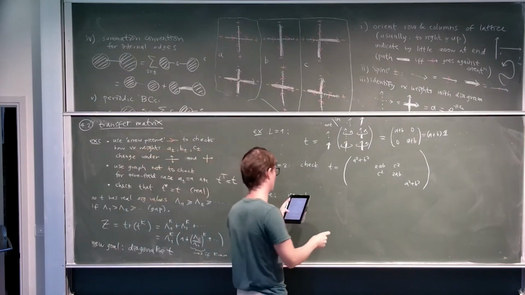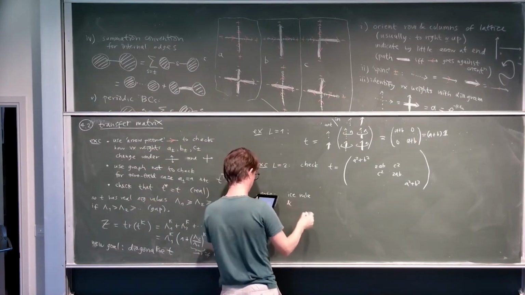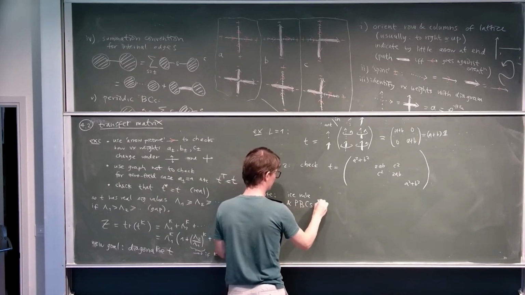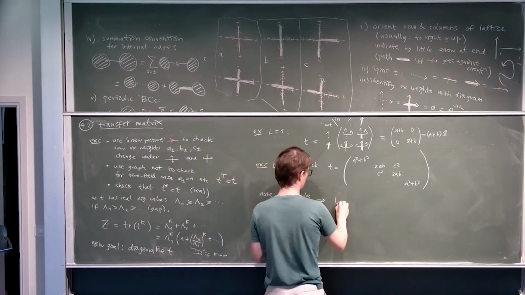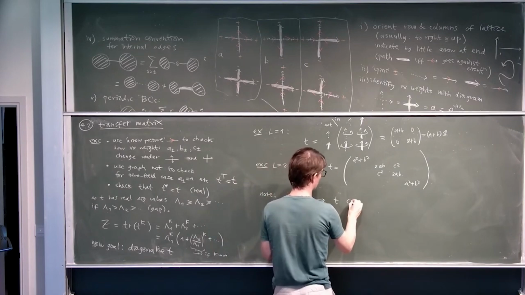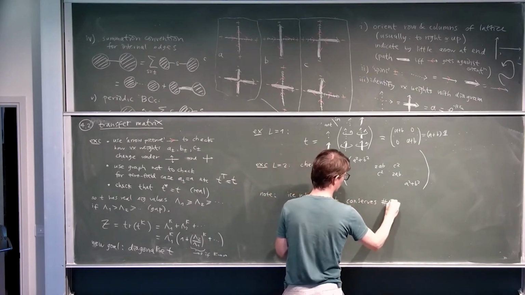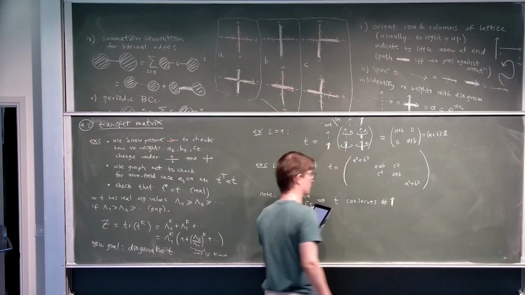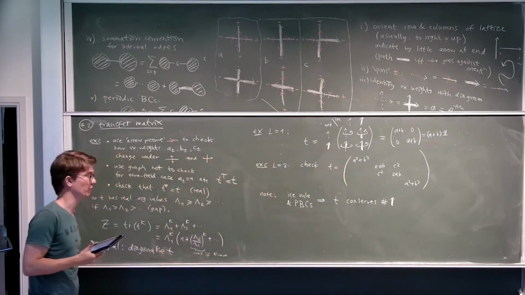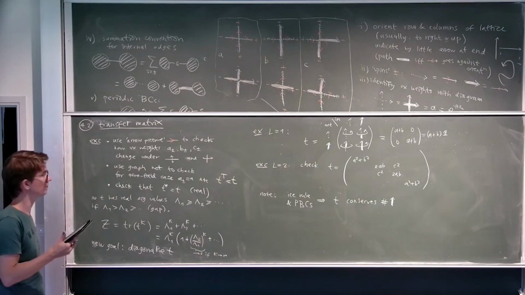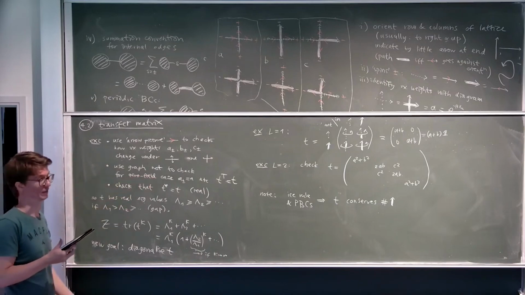It was the electric neutrality of the ice model. Together with periodic boundary conditions, this implies that the transfer matrix conserves the number of these thick lines. If there are 4 thick lines coming in at the bottom, then there will be 4 thick lines going out at the top. And that is what block diagonality is.